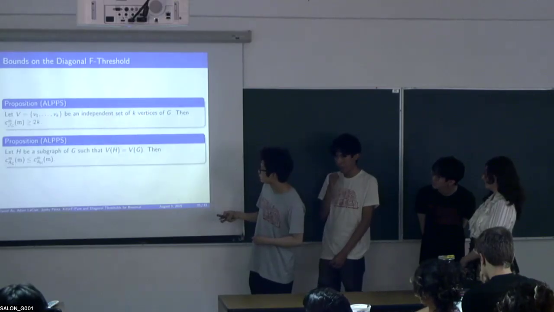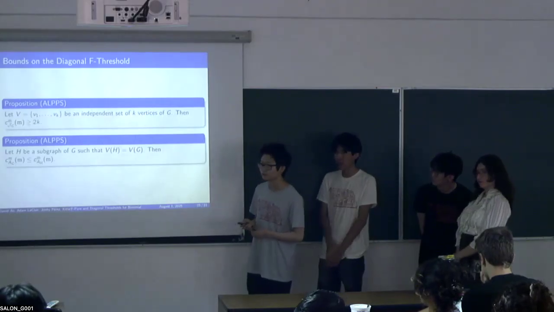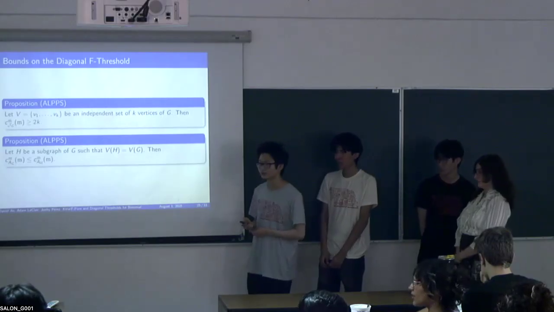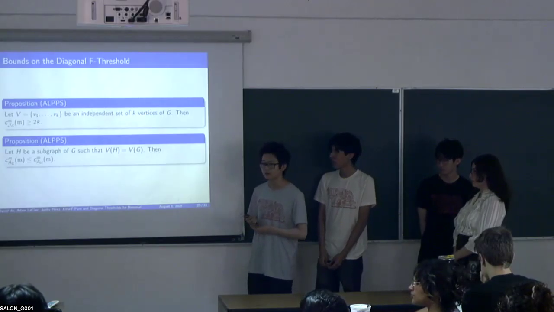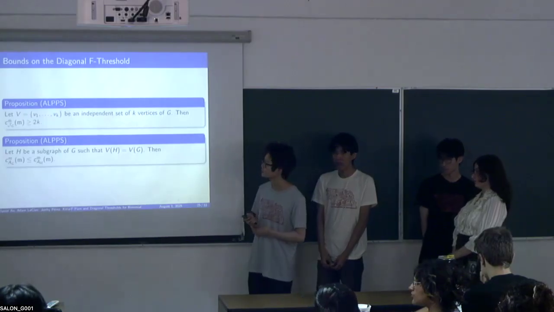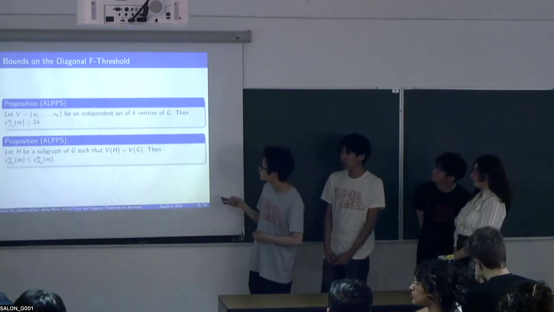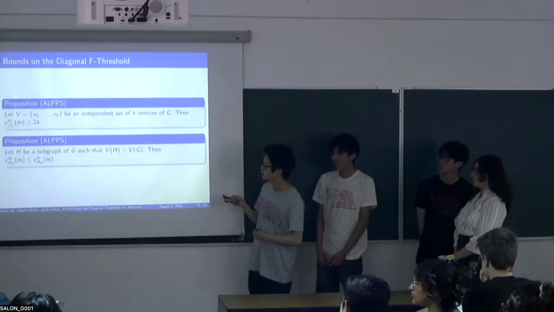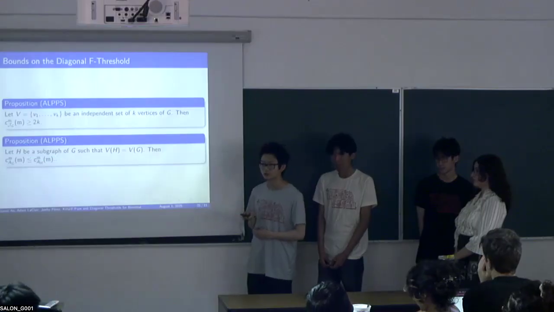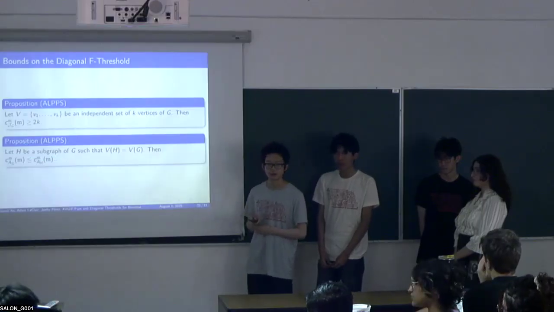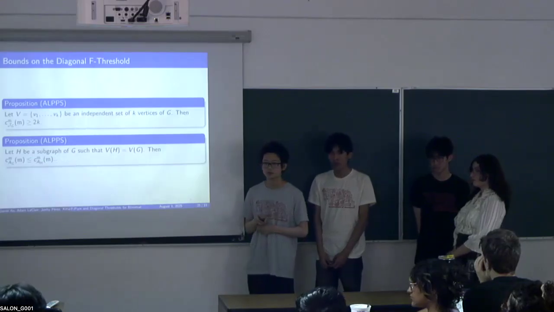Here by subgraphs, you mean subgraphs such that every connected component is complete. Yeah. And I think this fails for cycles with an odd number of vertices. If you have C2n plus 1, then you can get a lower bound of 2n and an upper bound of 2n plus 1. Okay, so you almost know the exact value, but not quite. Thanks.